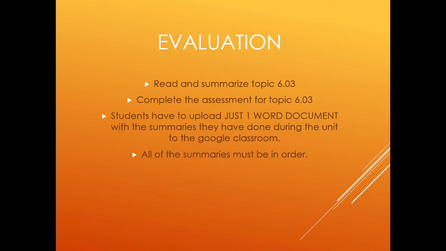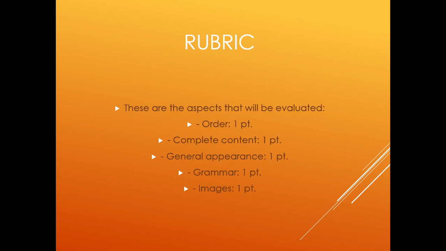Basically it's just copying and pasting the work that you have previously done, so I can check the notes that you have taken. The rubric that I will use to evaluate your summaries: order will be 1 point, complete content 1 point, general appearance 1 point, grammar 1 point, and images 1 point.